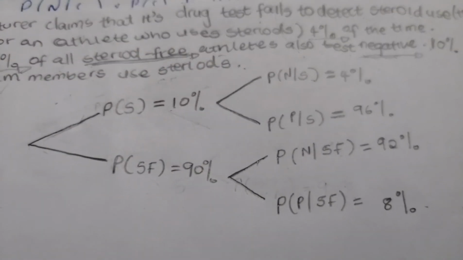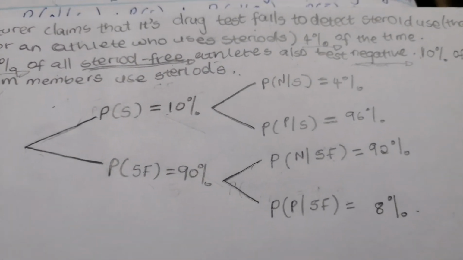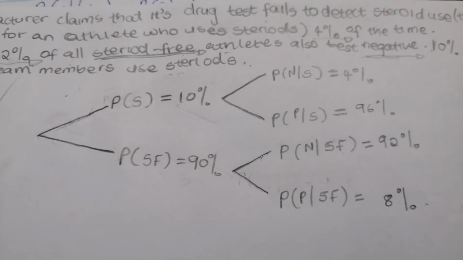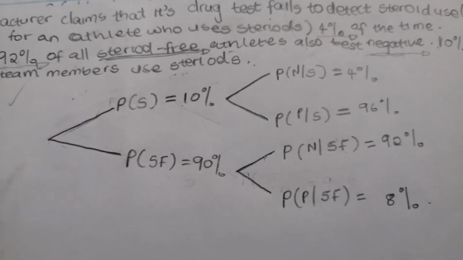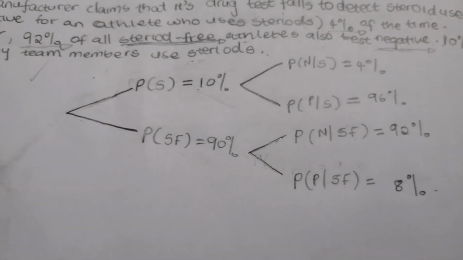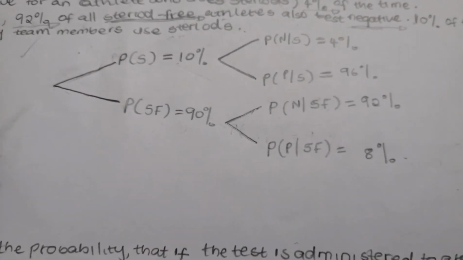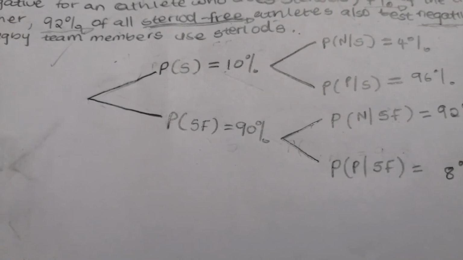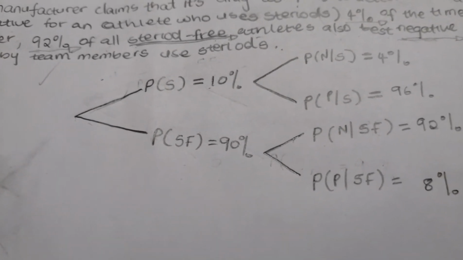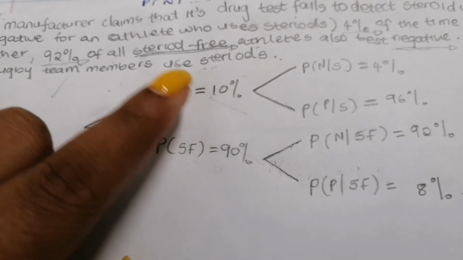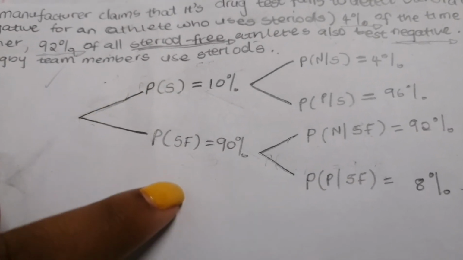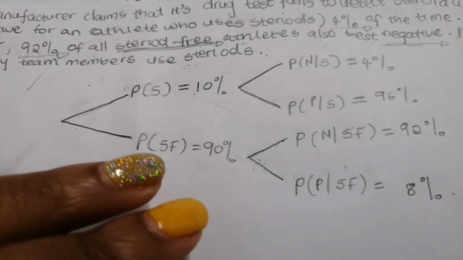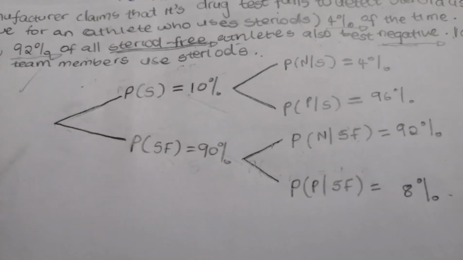A lot of students ask how will I know which probabilities to start with? Okay, firstly, it is a drug test and we are going to test people, right? And of the people that we are going to test, we have people who are using steroids and who are not using steroids. So we can start with that.